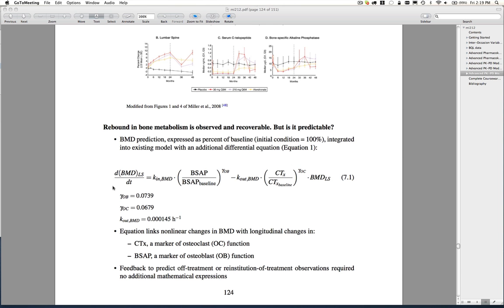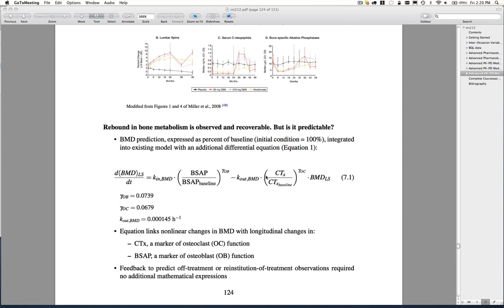So this is equation 7.1 right here, and this is the equation that is describing the lumbar spine BMD longitudinal changes. And the way that this particular equation works is that the input rate, or the amount of bone formation, is driven by the activity of osteoblasts. The marker for that activity is bone-specific alkaline phosphatase, BSAP.